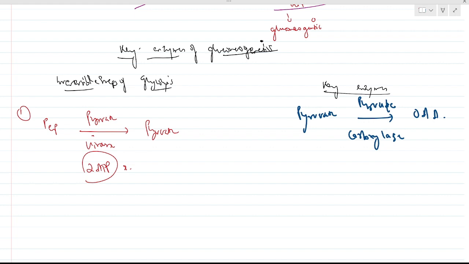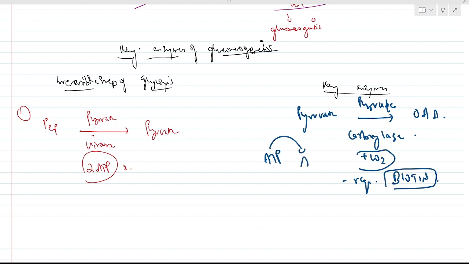As the name suggests, there will be addition of carbon dioxide, and it requires biotin. Again, a carboxylase enzyme requires biotin, our vitamin B7. Here ATP is converted to ADP.